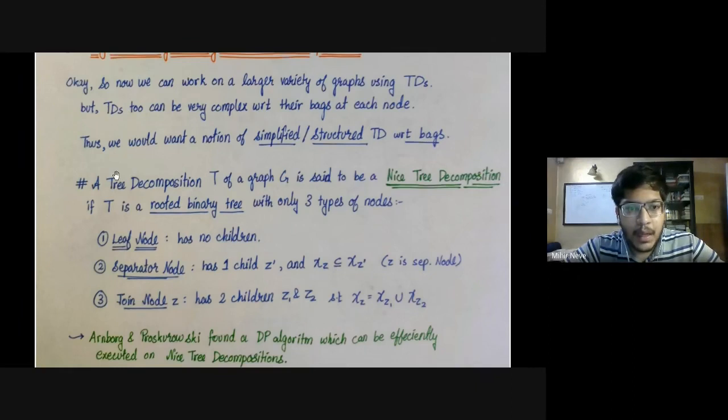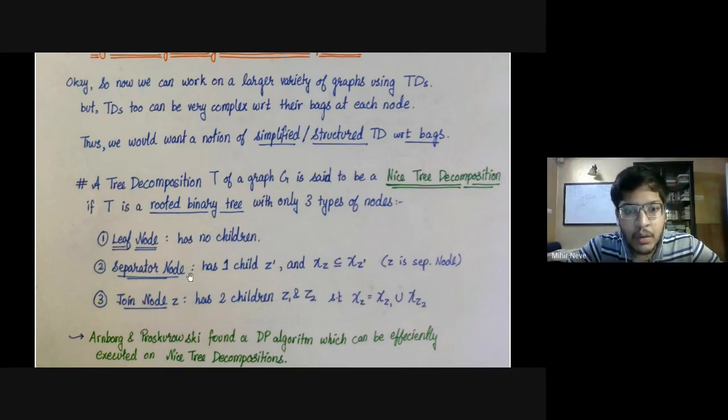In order to make our life easier, we'll define a tree decomposition to be a nice tree decomposition if T is a rooted binary tree, and every node of this tree decomposition is either a leaf node, a separator node, or a join node. A leaf node is something which has no children.